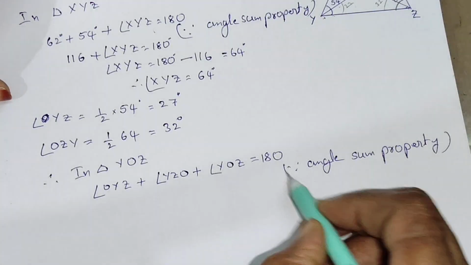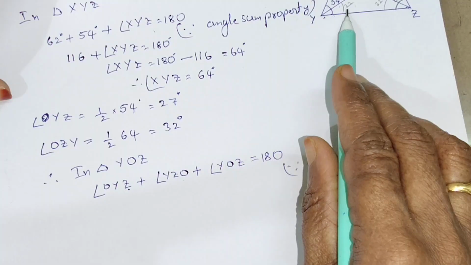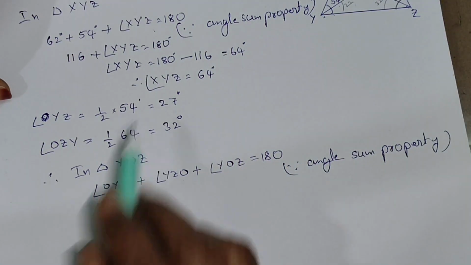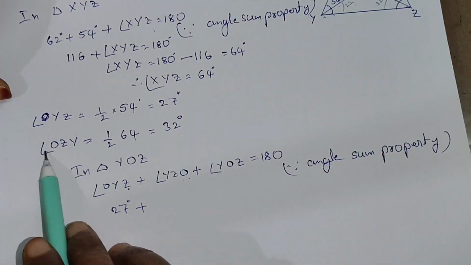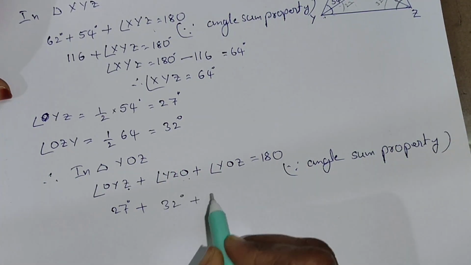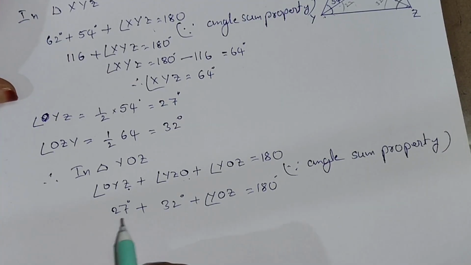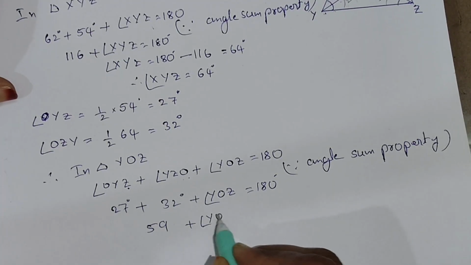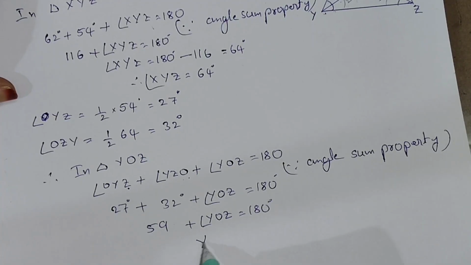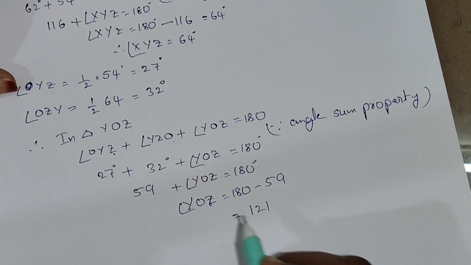Already we know these two angles: OYZ is 27 degrees and YZO is 32 degrees. 27 plus 32 is 59 degrees. So 59 plus YOZ is equal to 180 degrees. YOZ is equal to 180 minus 59, which is 121 degrees.